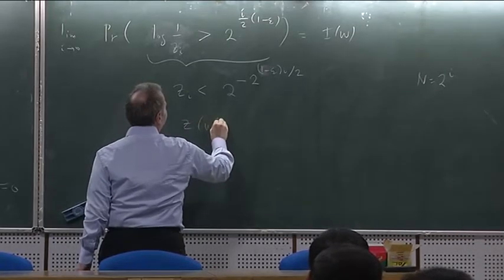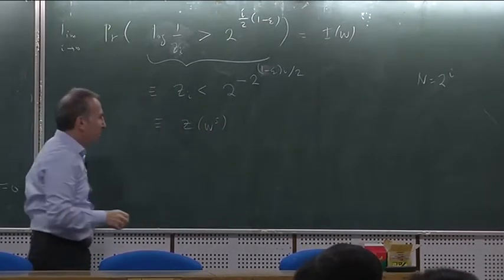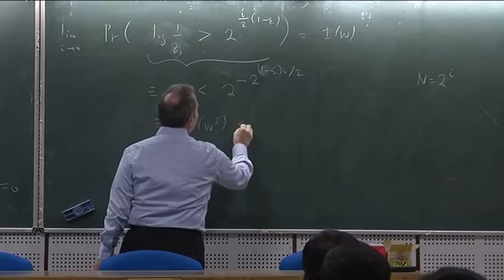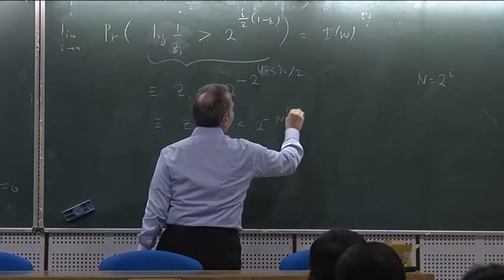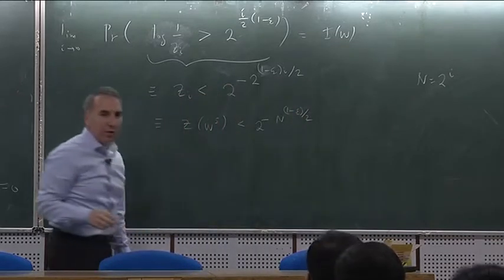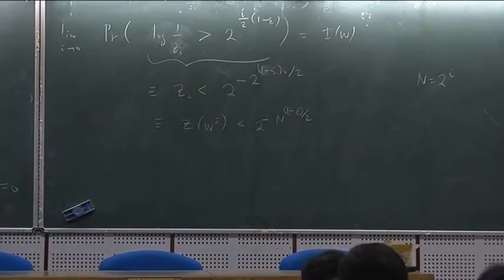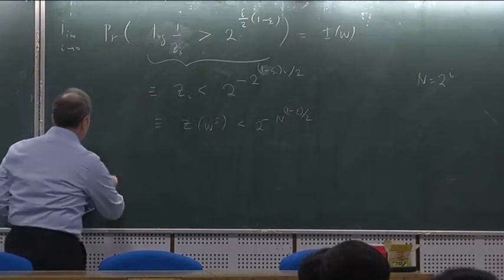So this is also equivalent to the Z of these W's being less than 2 to the minus n to the power 1 minus epsilon over 2. Essentially, for small epsilon, this is the same as the square root of the block length. So this probability is now saying the following thing.